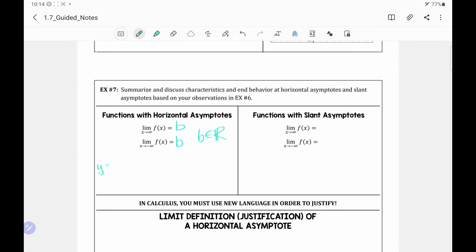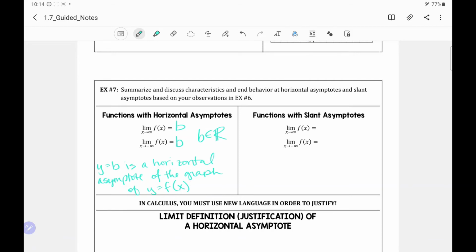So y equals b is a horizontal asymptote of the graph of y equals f of x. Okay, so b is the horizontal asymptote, and the limit would approach b as x goes to infinity and x goes to negative infinity.